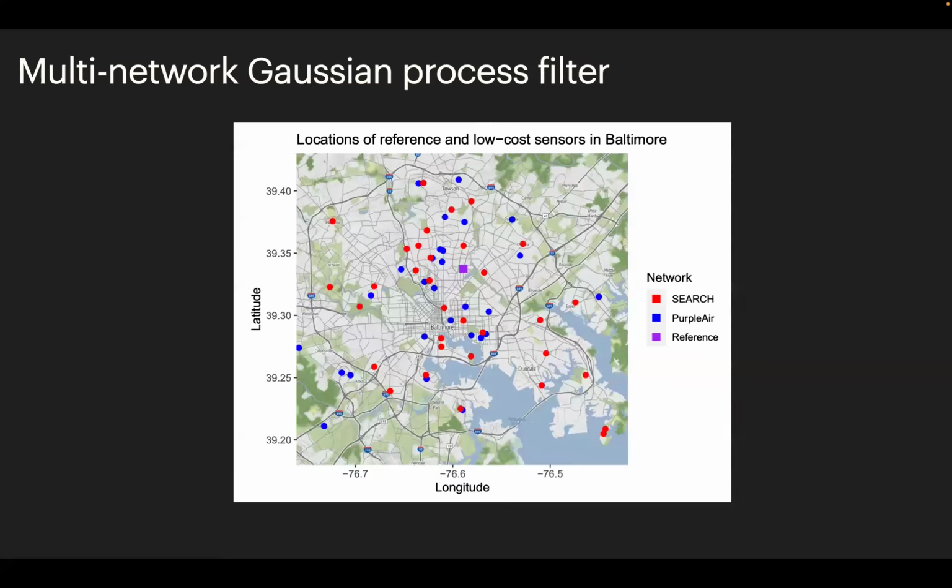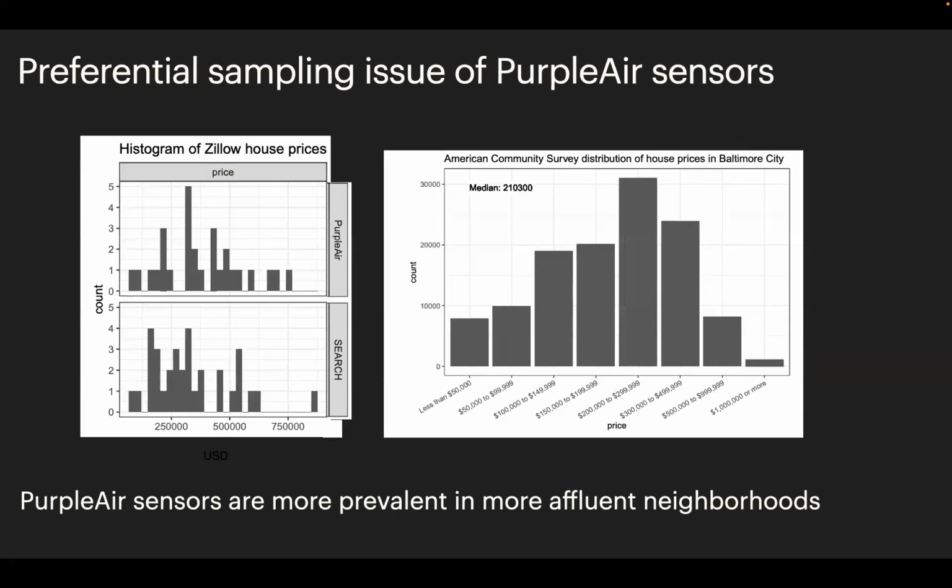But one major difference between Purple Air and SEARCH is that one is a research purpose network and one is citizen science. And there is preferential sampling in the citizen science network, in the sense that sensors are more common in more affluent neighborhoods, where people can afford to buy them and put them on top of their houses. We looked at Zillow prices of houses where there was a Purple Air versus houses close to where the SEARCH network was.